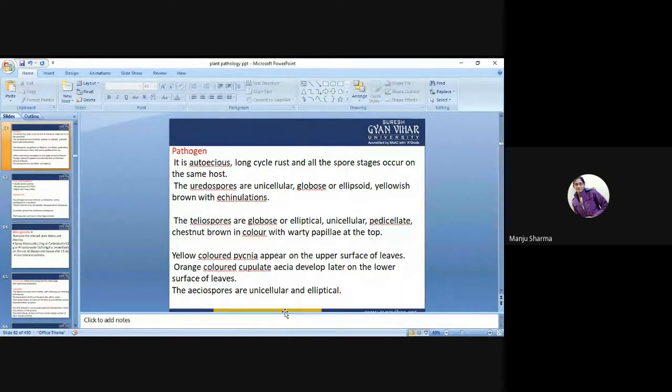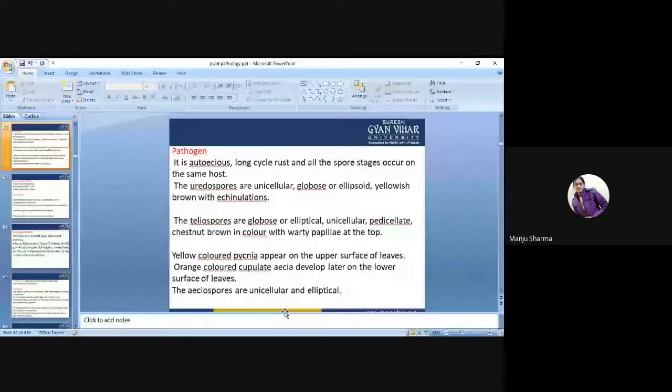Like we can say a plant having male and female reproductive organs on the same plant. Basically, autoecious means any parasite that completes its life cycle within a single host. Okay.